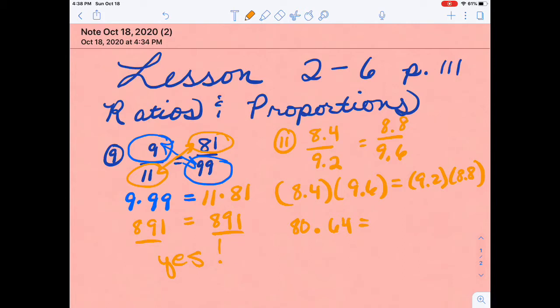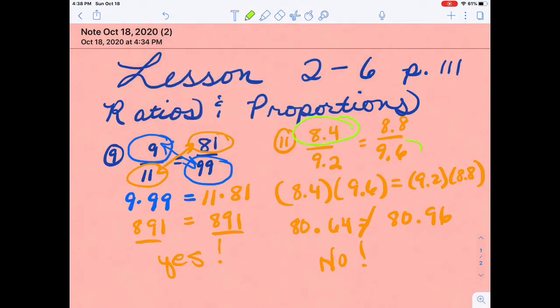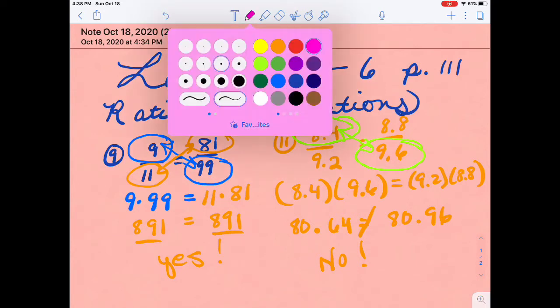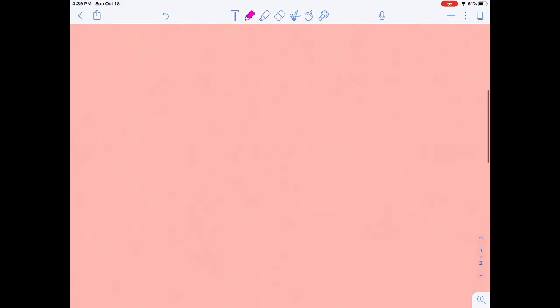And does that equal 9.2 times 8.8? 80.96. No, it doesn't. So those are not equivalent. That's all there is to that. It's just an exercise in multiplying crosswise, however you want to say that, right?